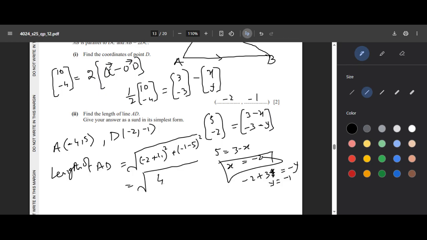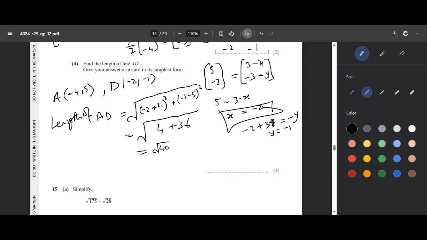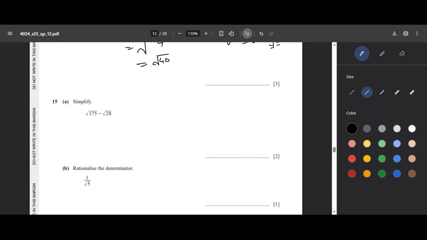So this is 2 का square 4, 6 का square 36. The answer is under root 40. You can find the answer with a calculator. That's it for this paper up to question 14.